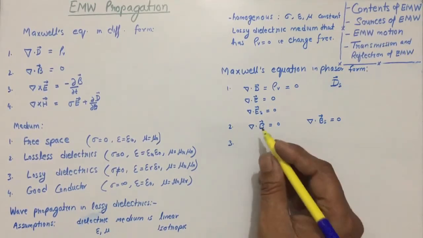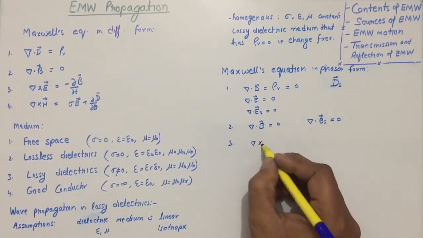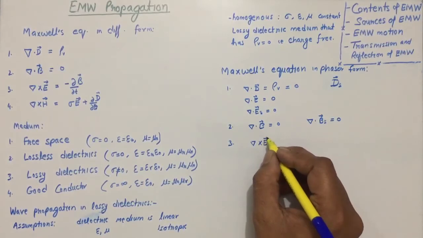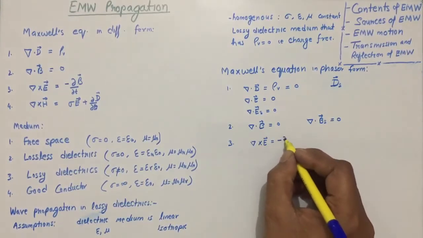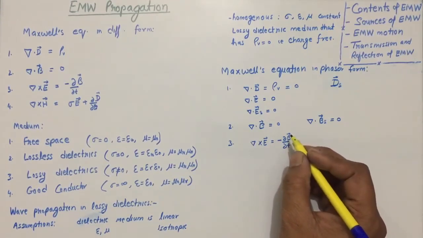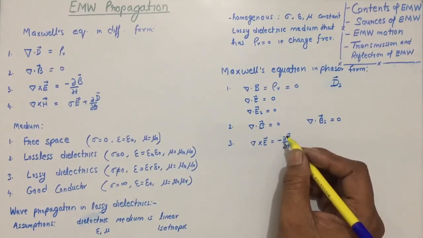The third one is related to Faraday's law, that is curl of E is equal to minus del B over del t, the differentiation of B with respect to t.